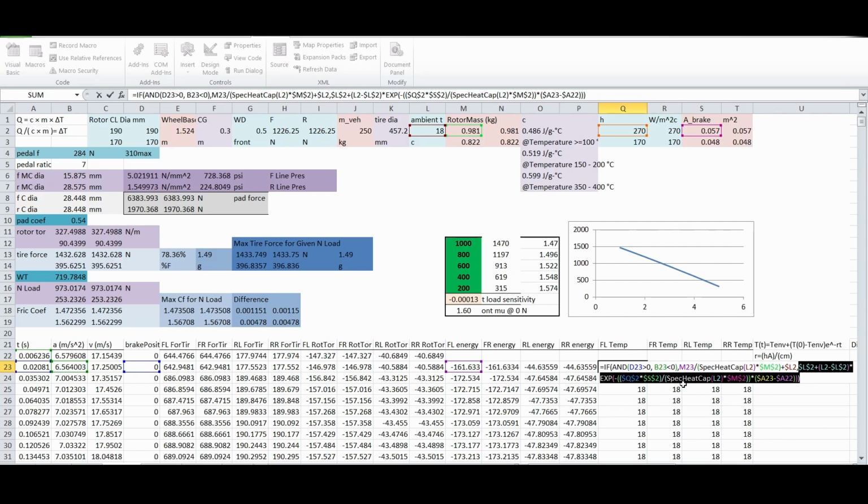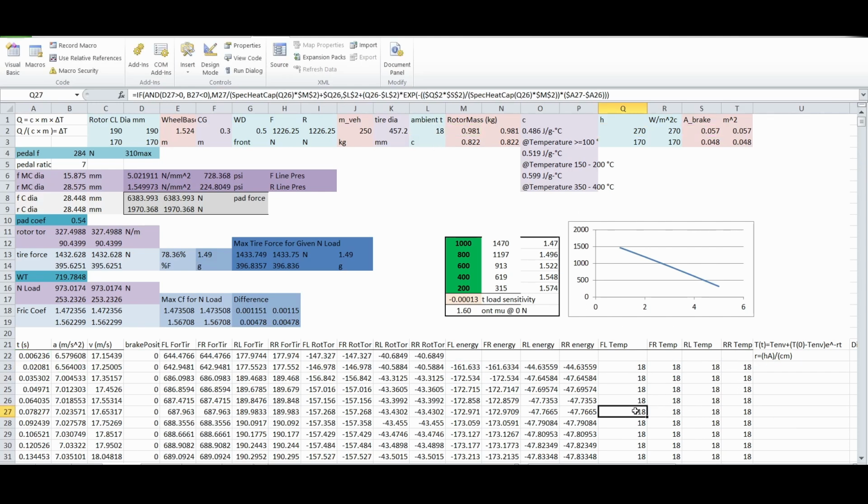And here you can see the specific heat capacity I have. It just starts at ambient, and then for any point below that, it just takes the temperature of the cell above it, so the previous temperature of the brake rotors. So then in Excel, just copy and paste that all the way down to the bottom of the data that we got from optimum lap.